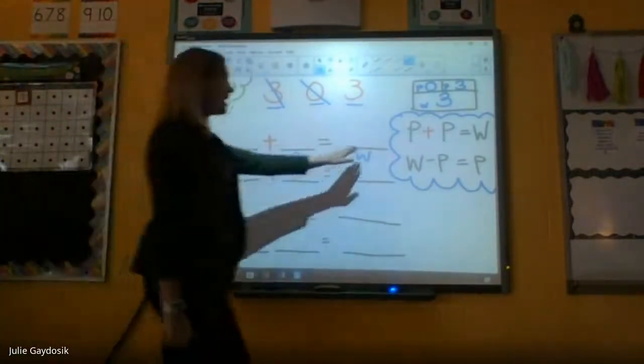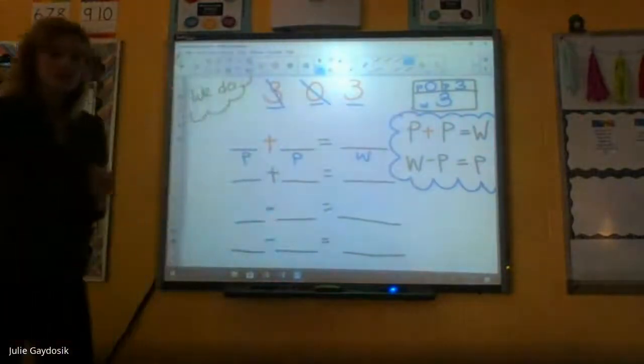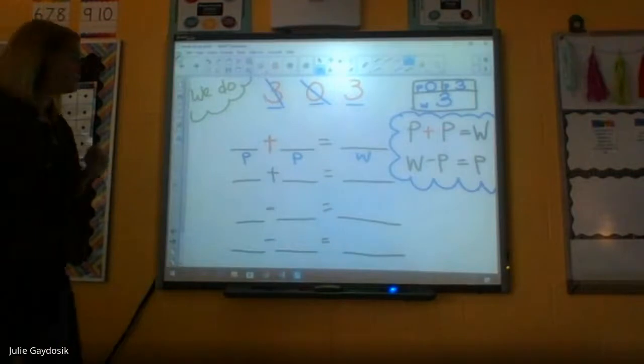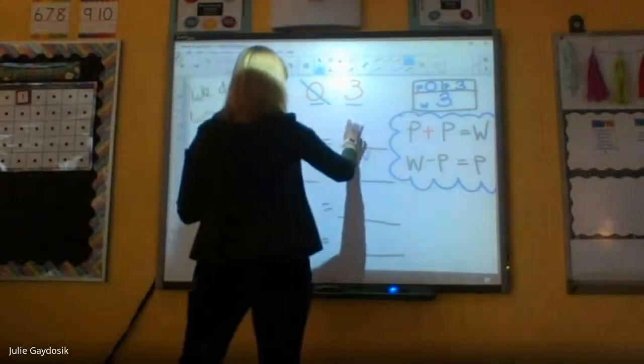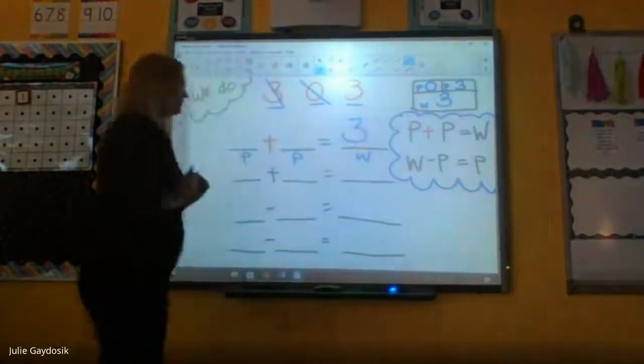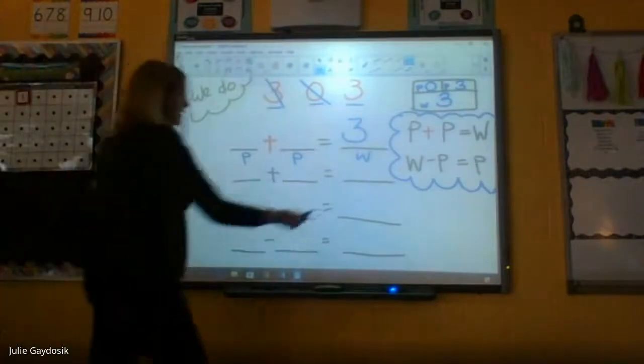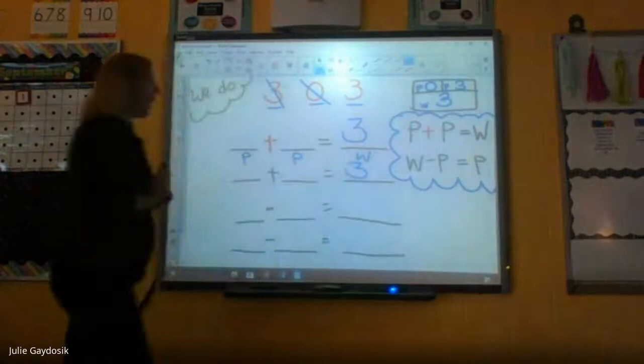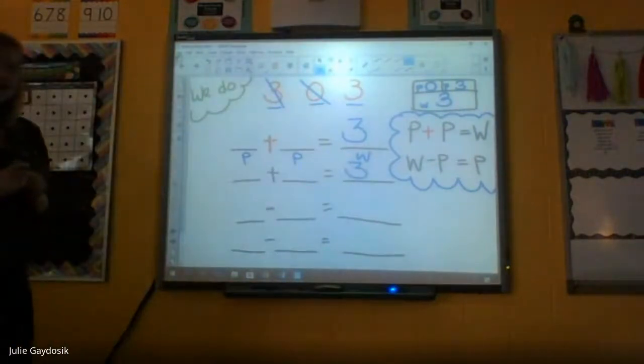So what did we say our whole was? Go ahead and write that after the equal sign. That's right. This is 3. Okay? So we know here for these addition equations, 3 is going to go after the equal sign. It's our last digit. It's our sum.